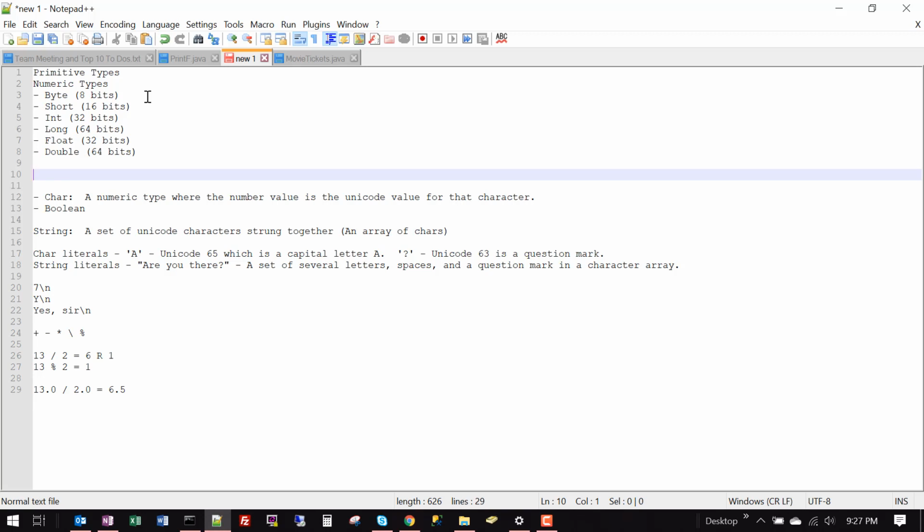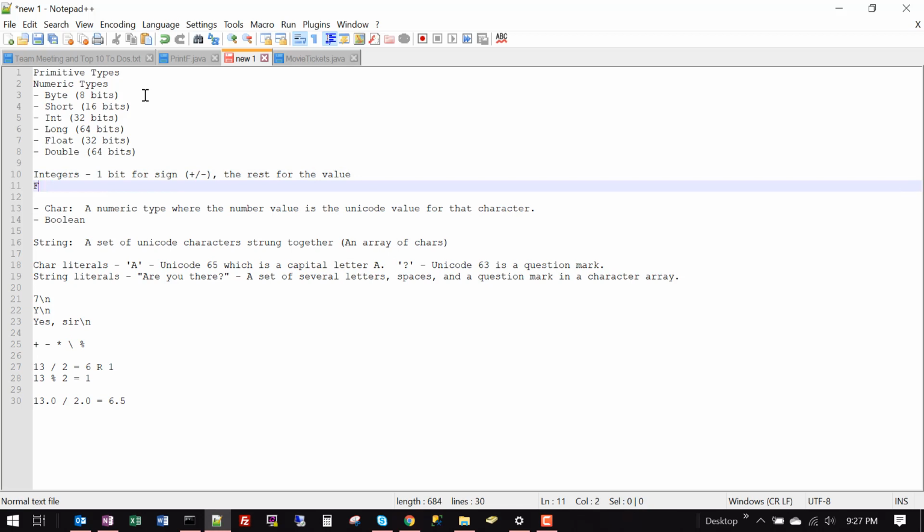And I mentioned this very briefly in passing, but integers, which are the first 4, store 1 bit for sign, positive or negative, the rest for the value.